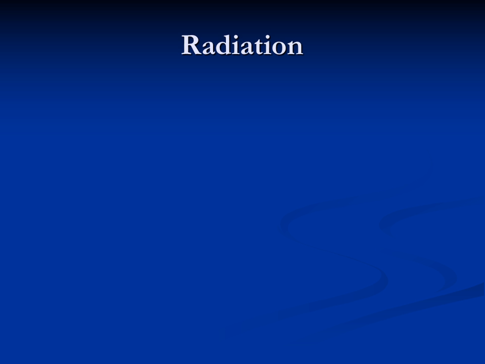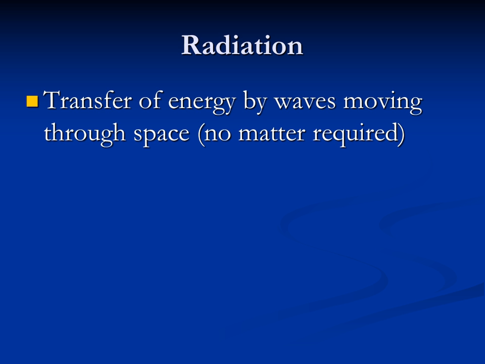Well, let's talk about what radiation is first, okay? So, radiation is a transfer of energy by waves that move through space. There is no matter that is required to transfer this energy. The energy just goes from here to there. The waves carry it, and the waves are basically the energy.